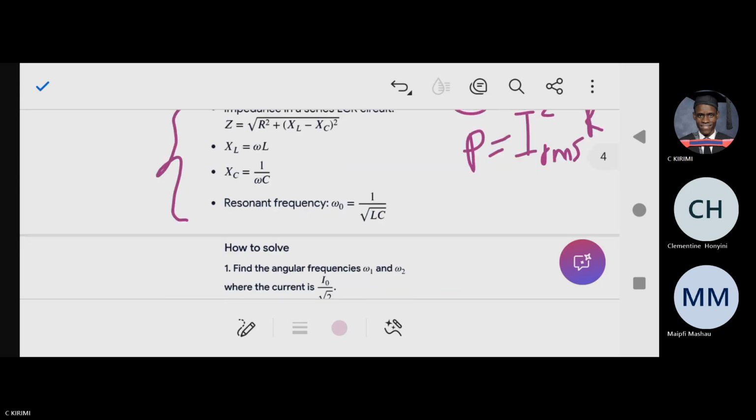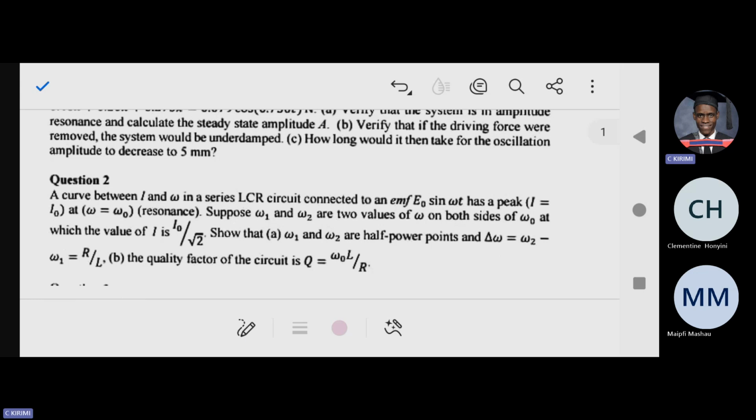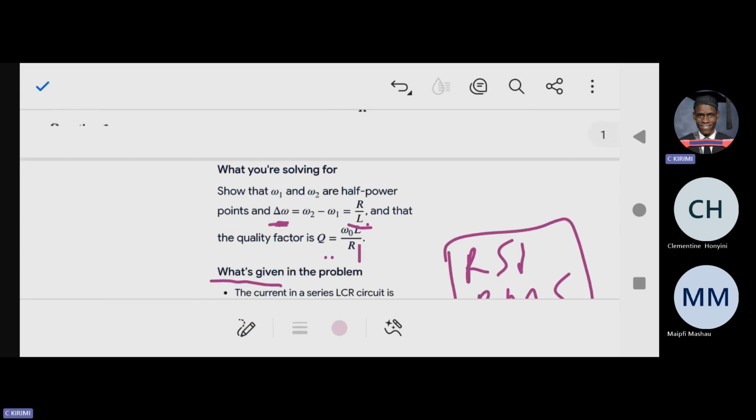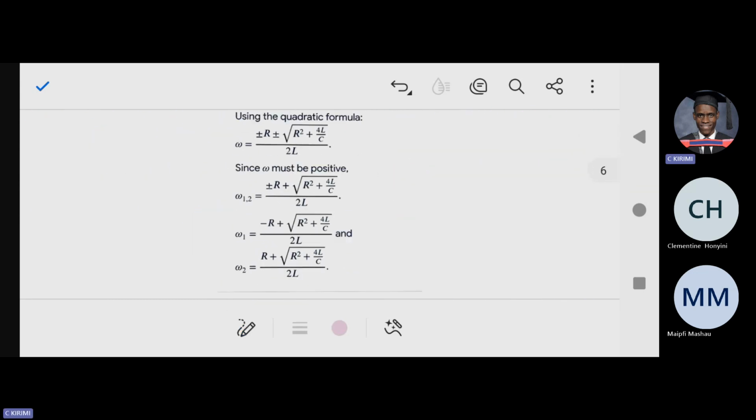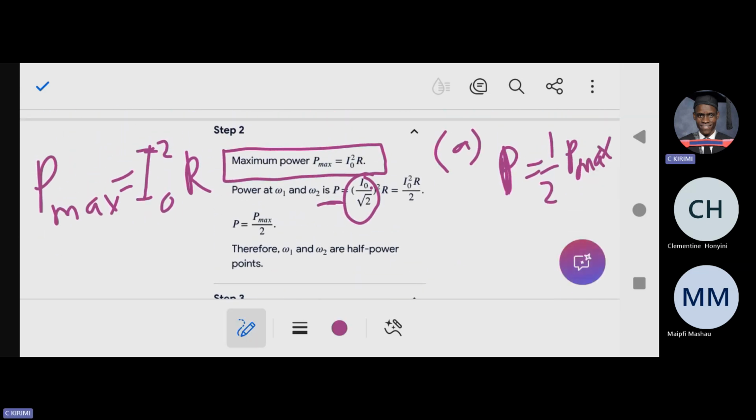We are given our I naught, which we are going to use there, it's I naught over root of 2. So I'm going to use I naught over root of 2. Then I replace it here where I put my P max.